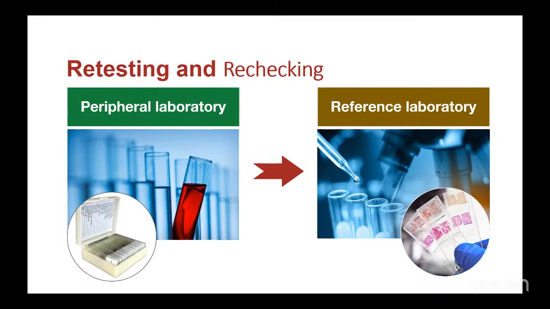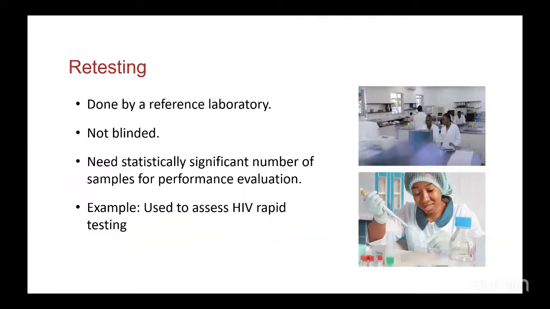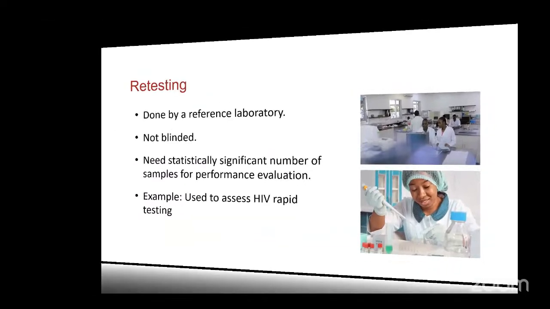The peripheral lab, let's say the sub lab, takes the sample to the reference lab. It is done by the reference lab, not blinded, if it needs a statistically significant number of samples for performance evaluation, for example to assess HIV rapid testing. You do it and send back the result.